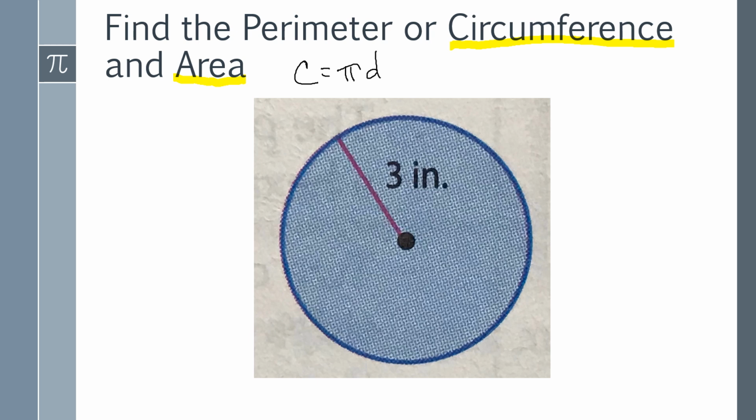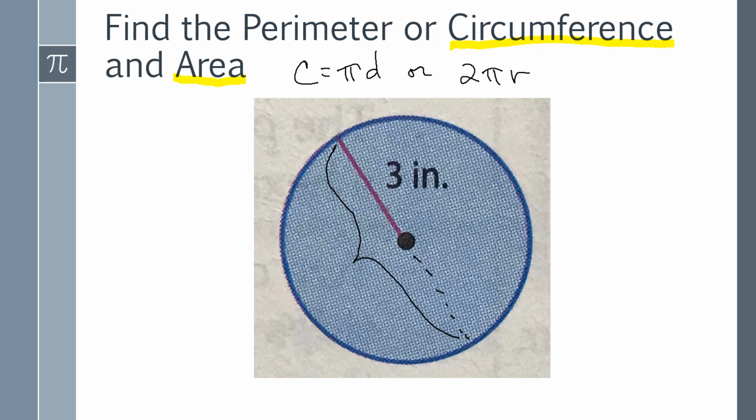The diameter would run all the way across here, right? Or else we could just say this is equal to 2 times pi times the radius.